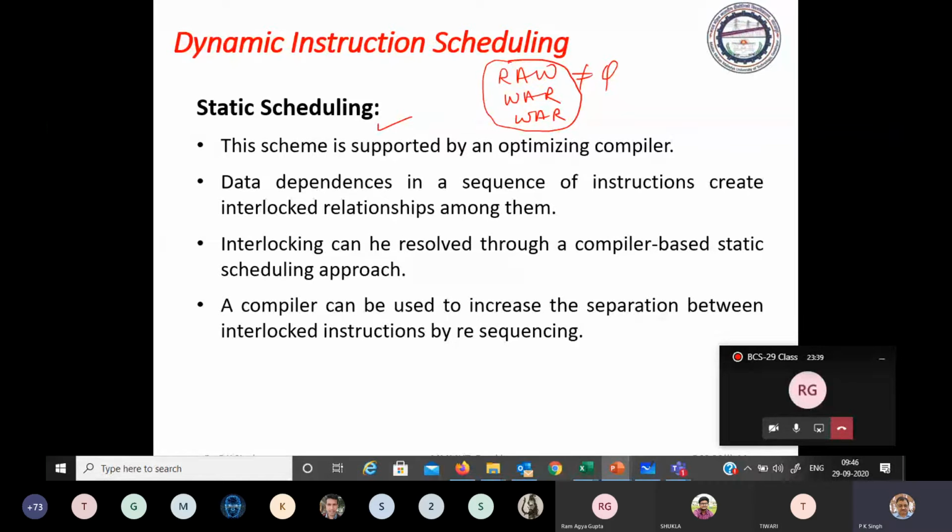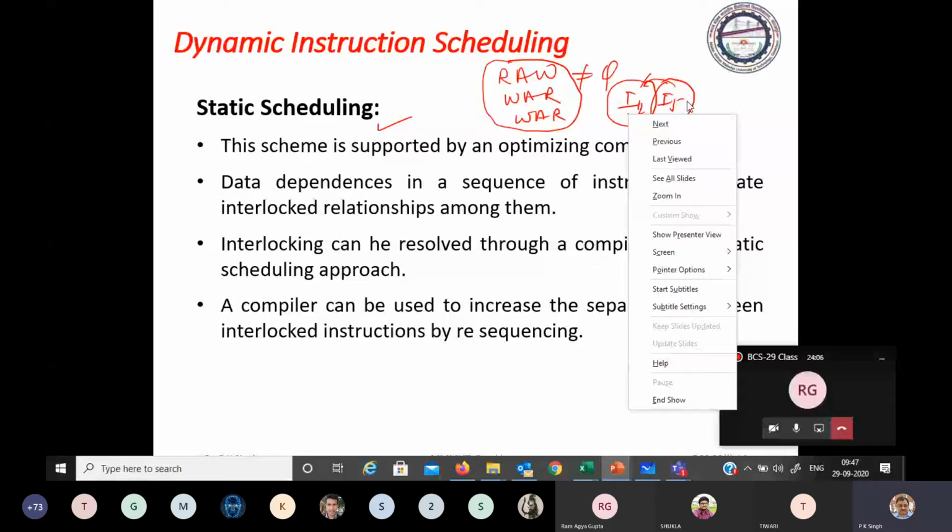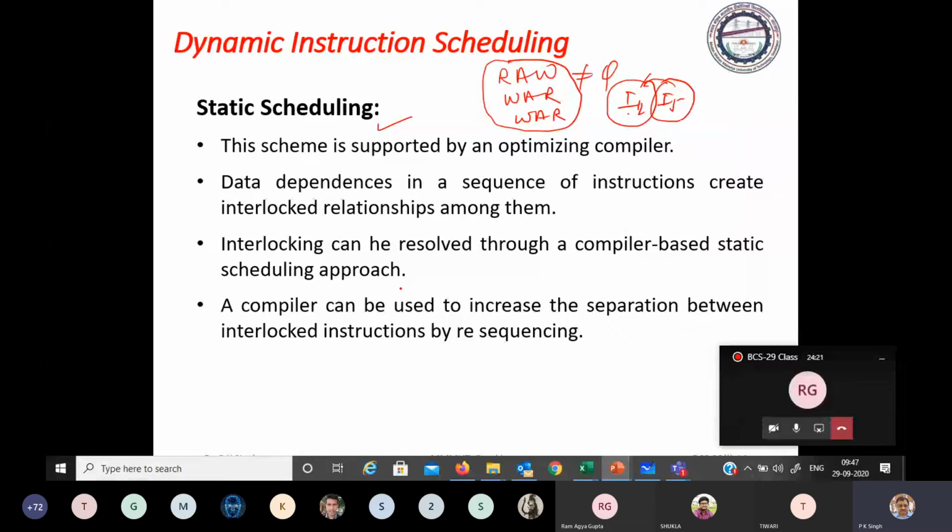Then for instructions Ii and Ij, if it is not equal to 5, then we say Ii and Ij are interlocked instructions. They can't be executed in parallel. So you have to go for allocation of these instructions in the same schedule, so that if Ij is the successor of Ii, then Ij must appear after Ii. Okay.